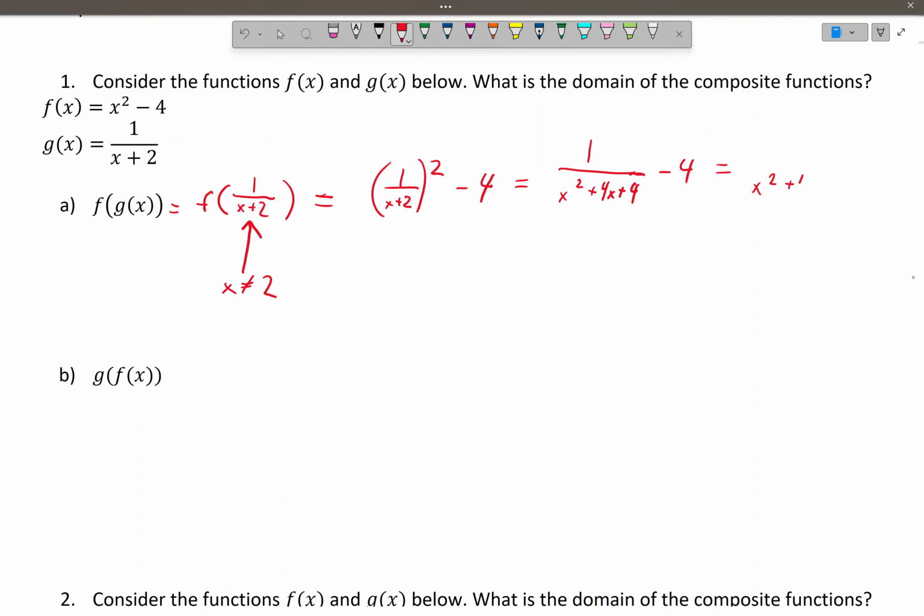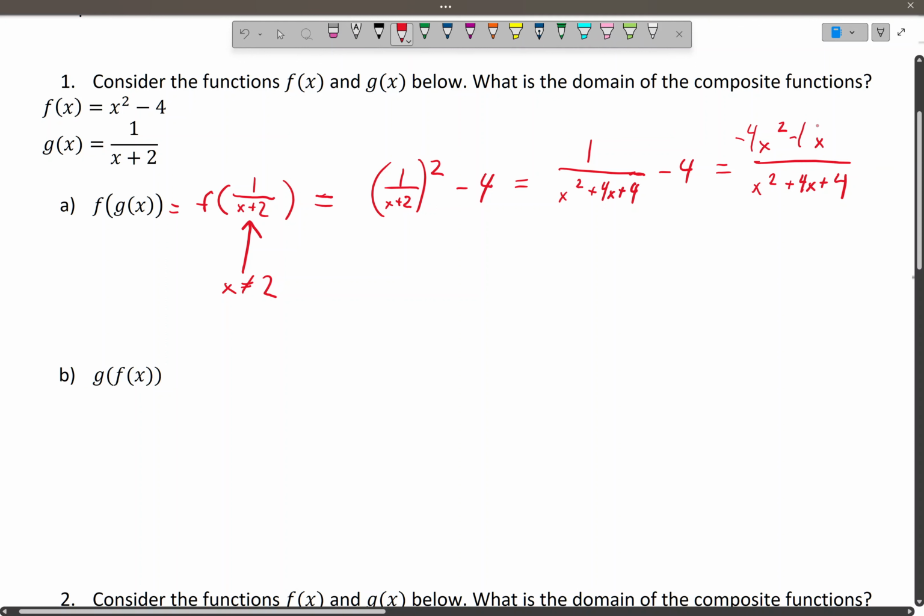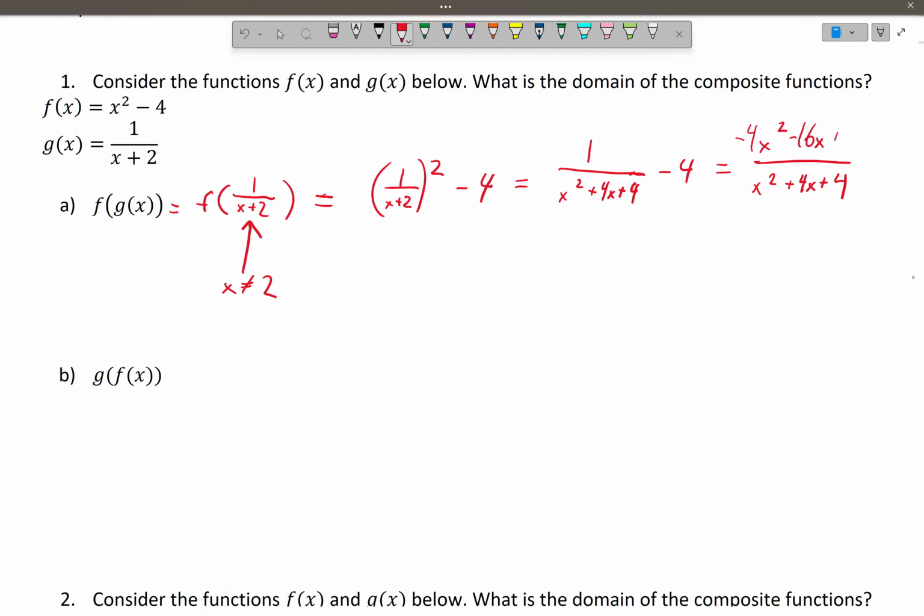Which really means that it's just going to be like this. If it's multiplying top and bottom, it's going to have a minus 4, minus 16, minus 16 plus 1, so plus 15.